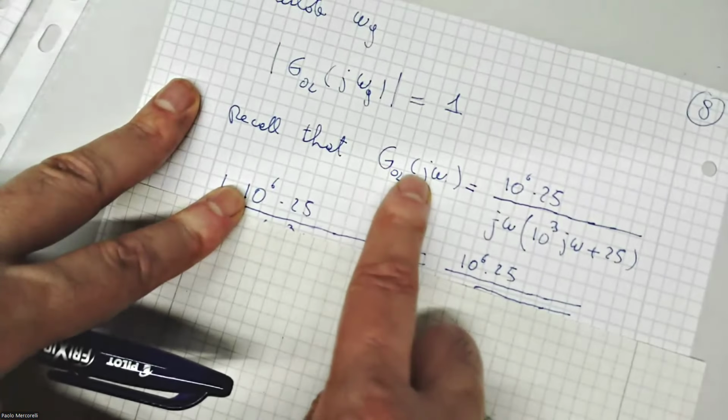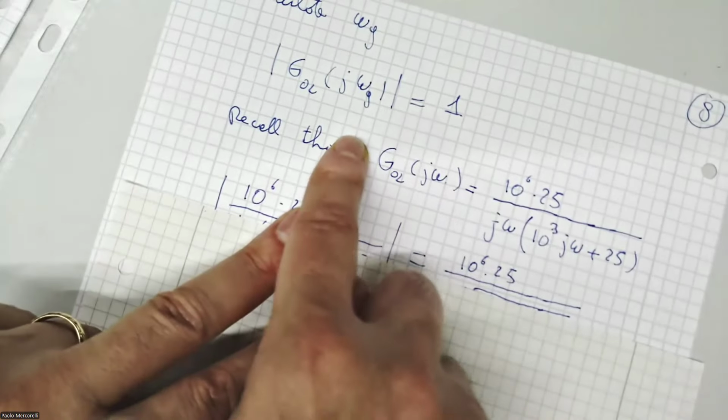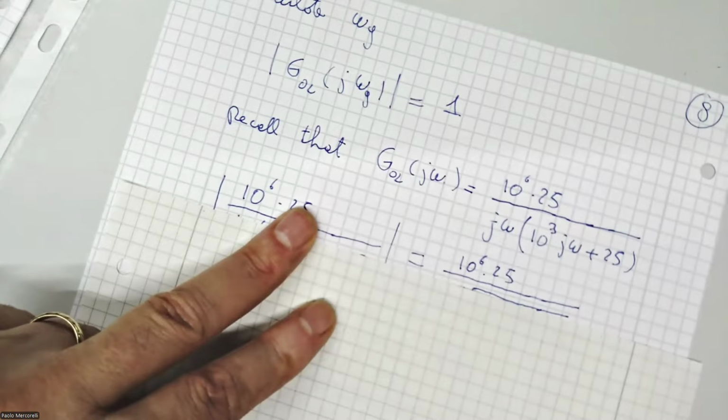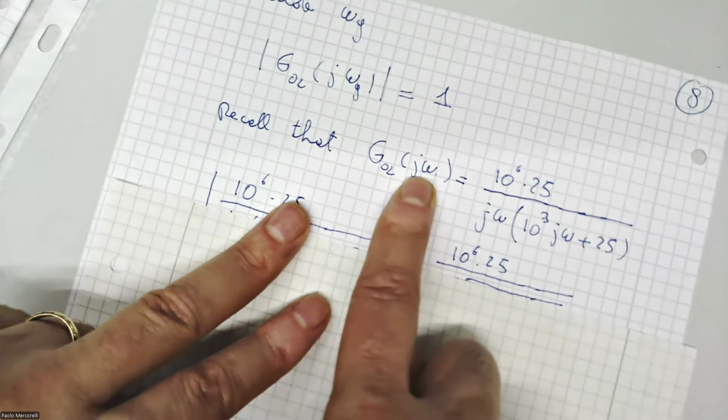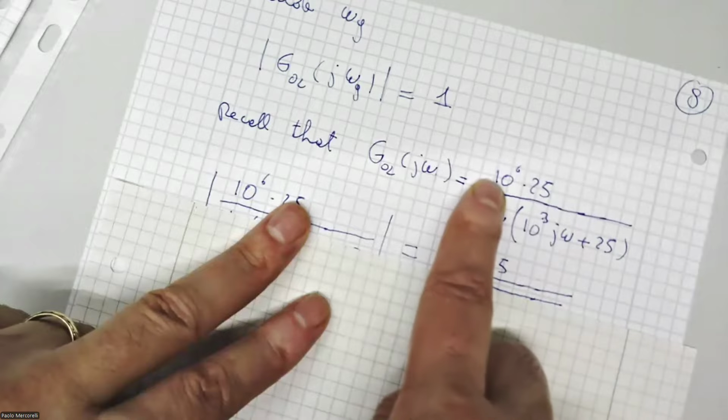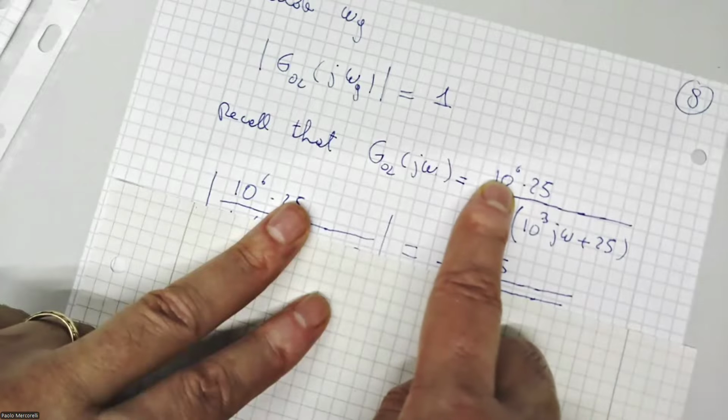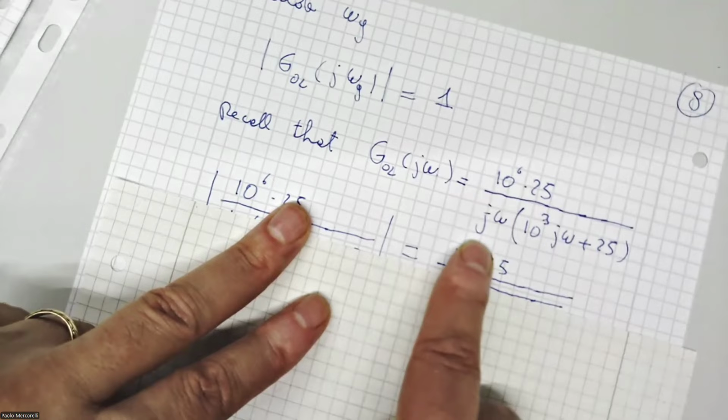What is GOL of j omega? GOL of j omega, in accordance with the definition, is GR, the controller, multiplied by GS, the system, in steady state, calculated at j omega. You remember, this was 25 multiplied by 10 to the 6, which was KI.